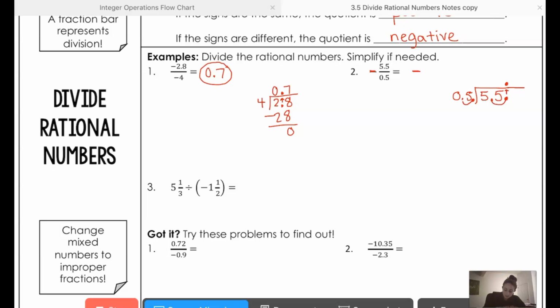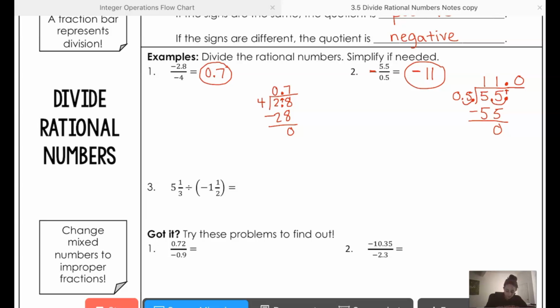So now we ask ourselves, how many times does 5 go into 5 once? Or you can see it as how many times does 5 go into 55? That's 11 times. And 11 times 5 is 55. You subtract and you get 0. So 11.0 or just 11. So your final answer, negative 11.